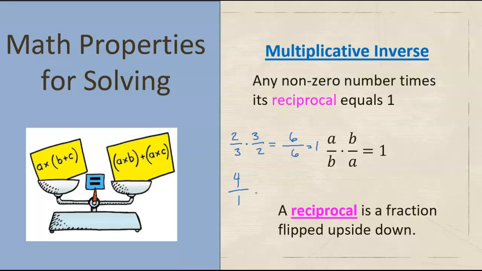So our multiplicative inverse here will be the fraction flipped upside down, 1 over 4. We'll get 4 on top, 4 on bottom, and we still get 1. 1 is our multiplicative identity. So we can always use this multiplicative inverse as well to get rid of any number we're multiplying by, especially helpful for fractions.